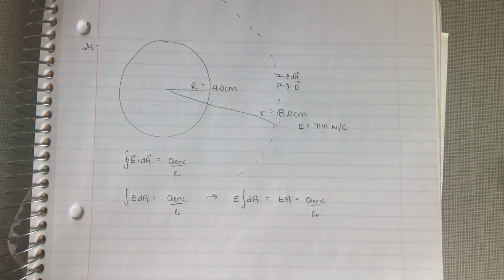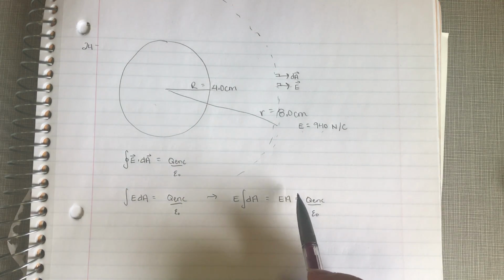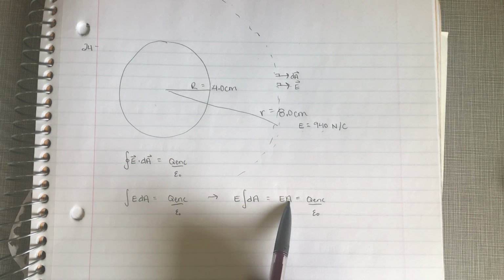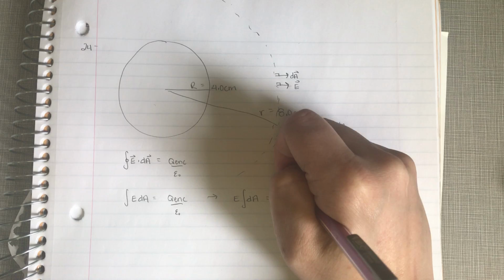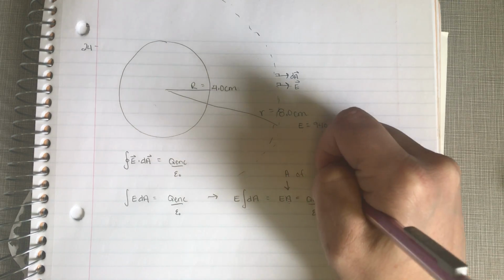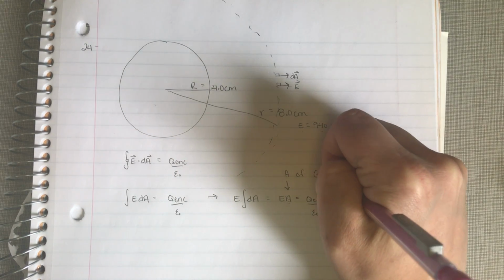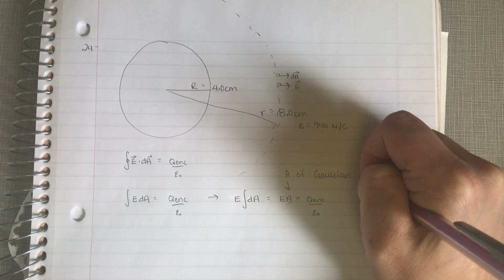Here's where it gets a little different from the last one. This A is always the area of the Gaussian surface, so that's where you're measuring the field.